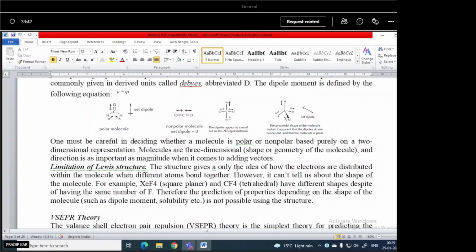So here are the limitations of the Lewis structure. The limitation is that some compounds have more or less number of electrons, that is, the octet rule is not fully valid to draw the Lewis structure.